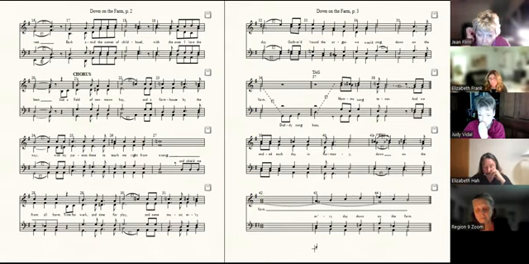Mm-hmm. Okay, so you had B, C, B, A for the bass, right? And A, B, C, D for the tenor. Are you starting at the beginning of 43? I thought that's what you said. I started the bass.